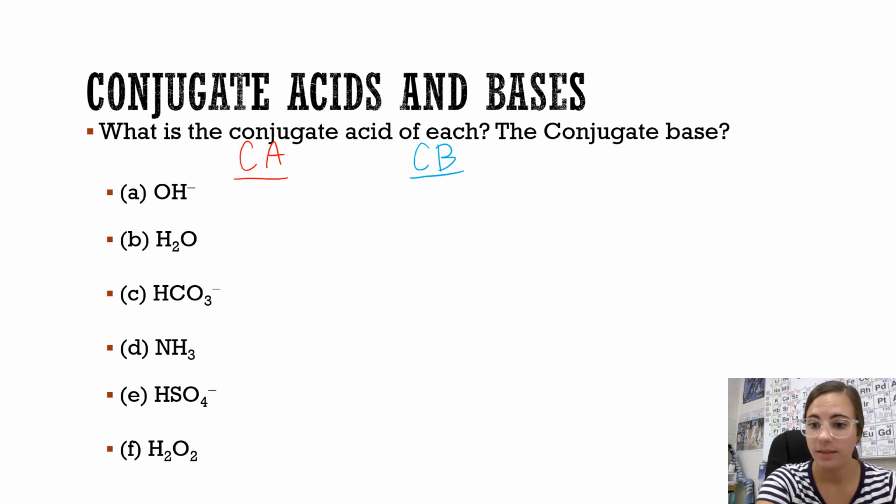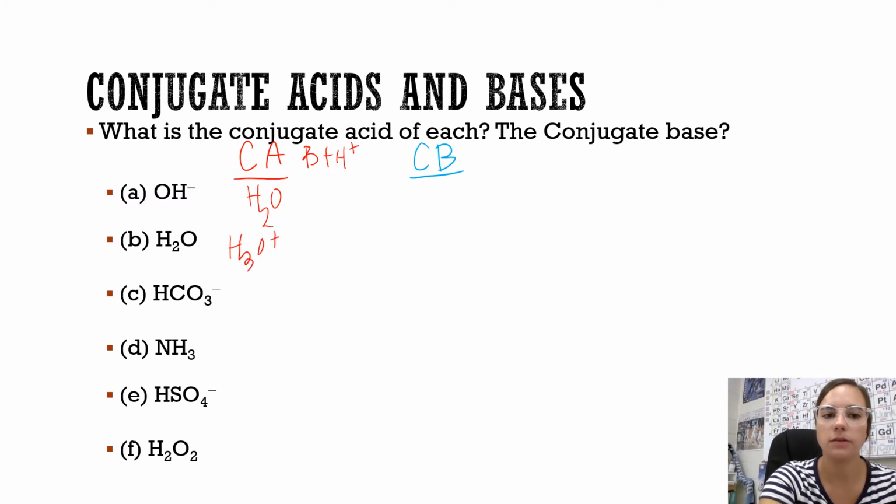So if I'm looking for the conjugate acid, then the thing in my list is acting like a base. We can think of the conjugate acid as the base plus H+. So OH minus plus H plus gives me water. H2O plus H plus gives me H3O plus. HCO3 minus plus H plus gives me H2CO3. NH3 plus H plus gives me NH4 plus.